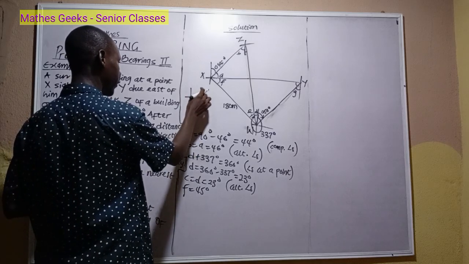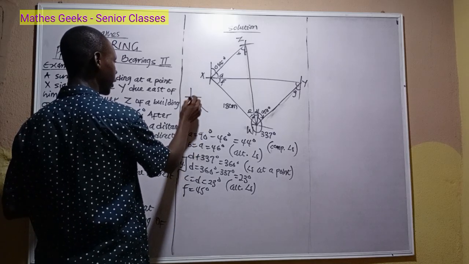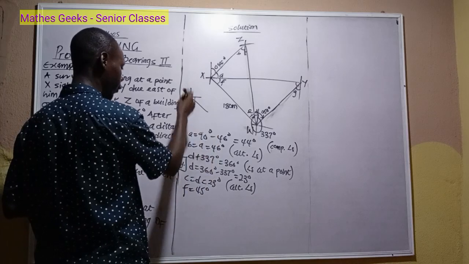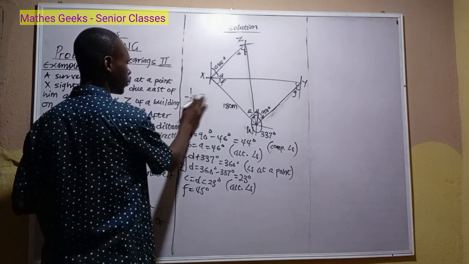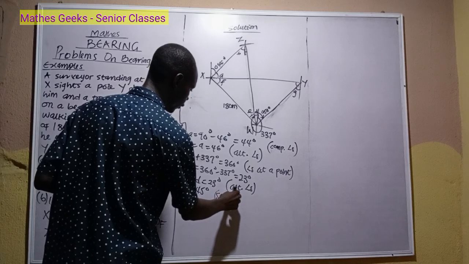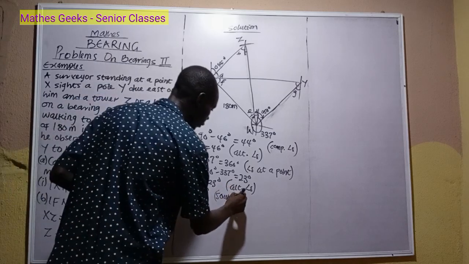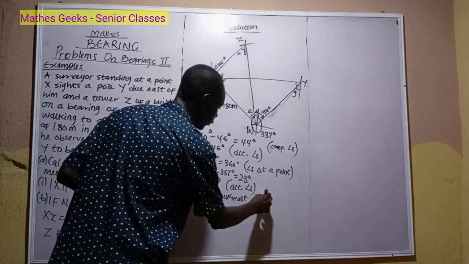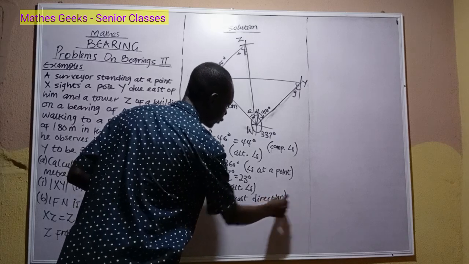So that will give 45. If from the north to the east is 90 degrees, a bisection of it will give 45 degrees. So that's why the angle is 45 degrees. So it's called the southeast direction.